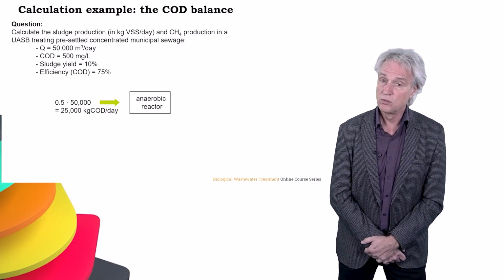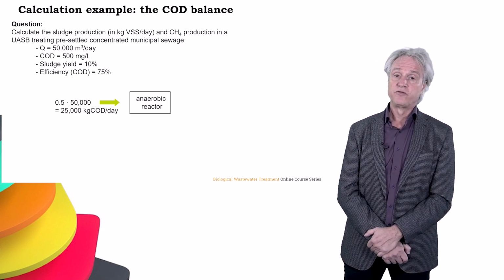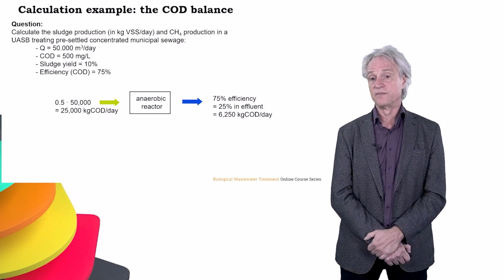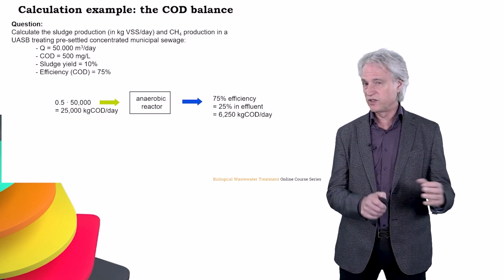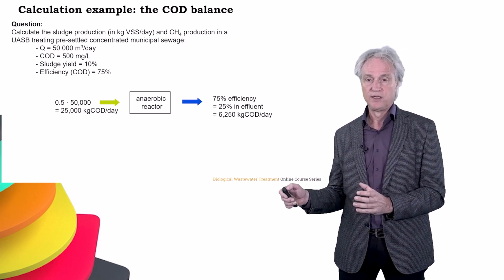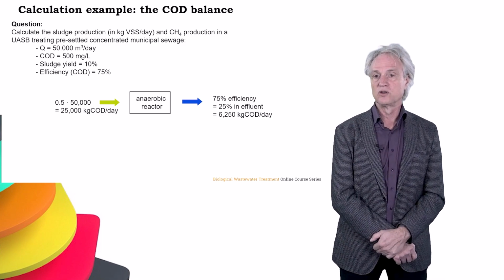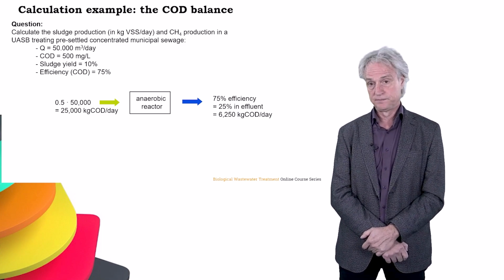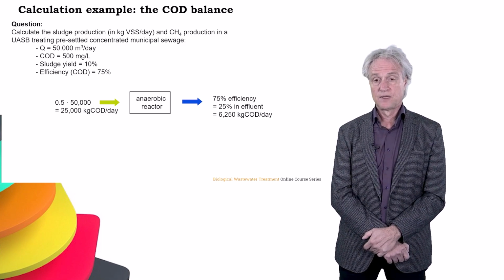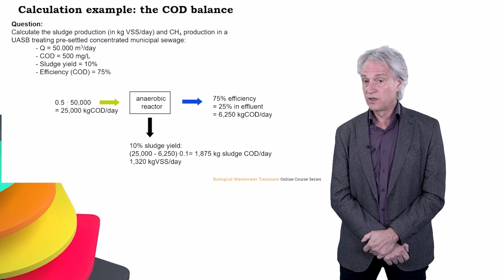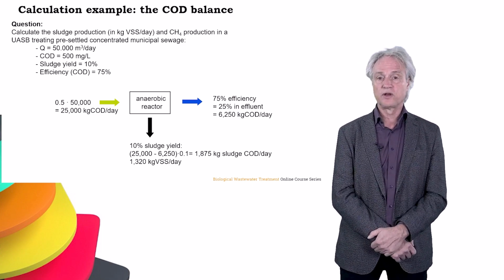Now what we know is that the reactor performs at 75% efficiency. That means 25% of this COD is still in the effluent, a value of 6,250 kilograms of COD per day. Now we can calculate how much of the COD goes to the sludge.